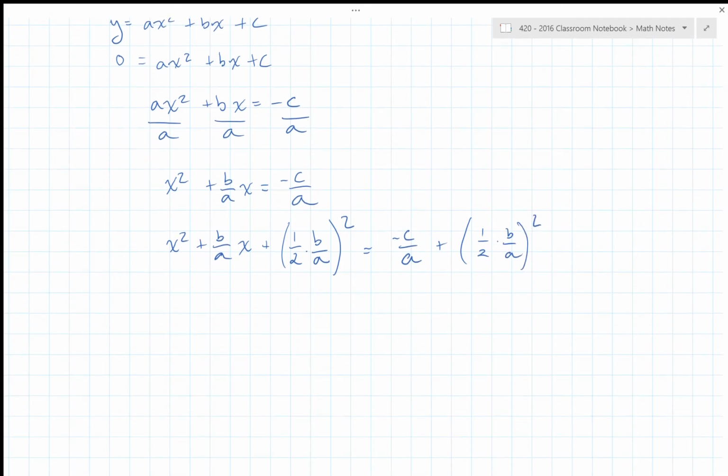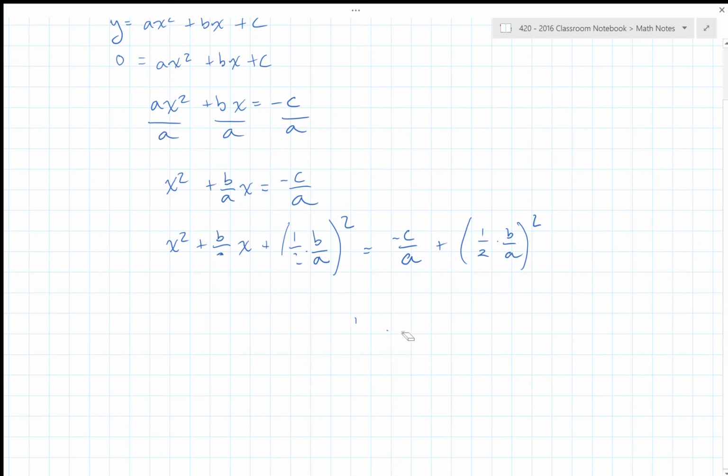And now we're going to continue by factoring and expressing the left side as a binomial squared. So I am deliberately not doing the squaring. And that's because when you factor a perfect square quadratic, what you're doing is you're taking the square root of c, and that's what you're going to put into your binomial.